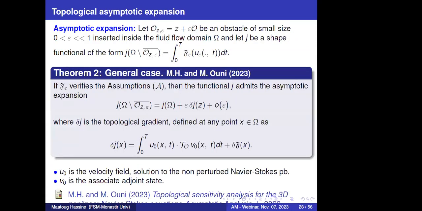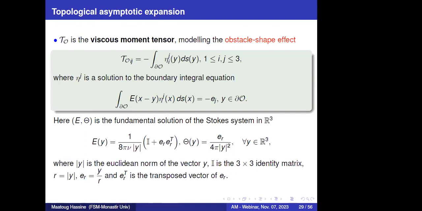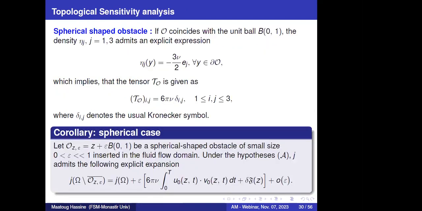So here the topological gradient is defined by an implicit formula, where the visco moment tensor is known implicitly. To get a more explicit expression, we will consider some particular shape, particularly a spherical shaped obstacle.